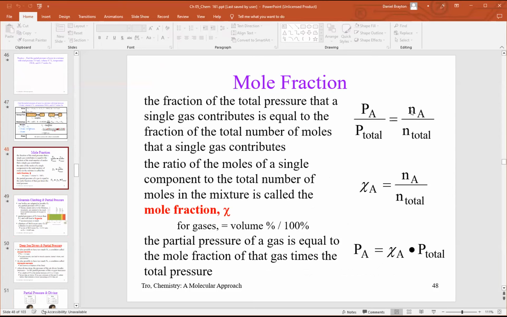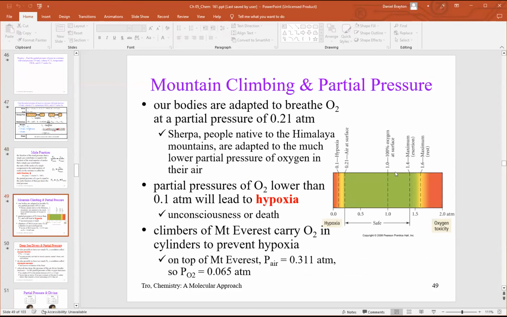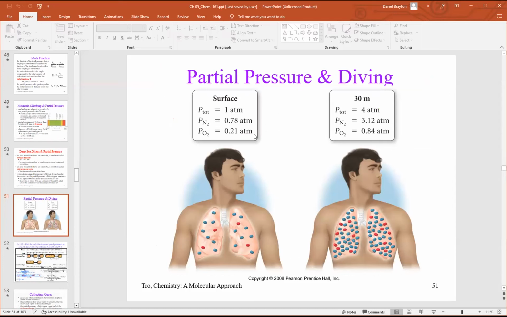It's whatever you're interested in over the total. But it turns out when you look at it as the number of moles, for gases, when you multiply it times the total pressure, you get the individual pressures because the pressures are directly related to the number of moles.